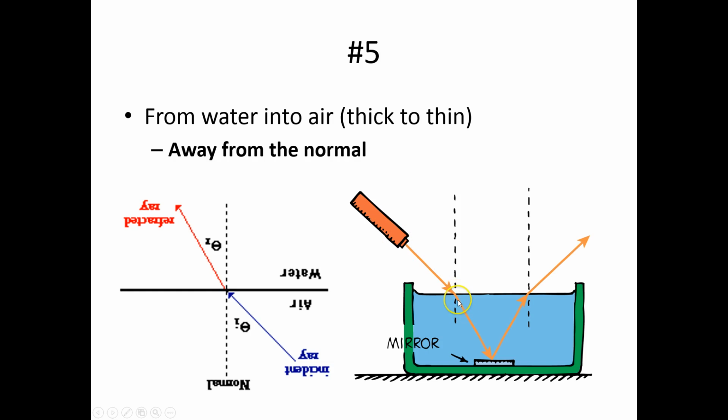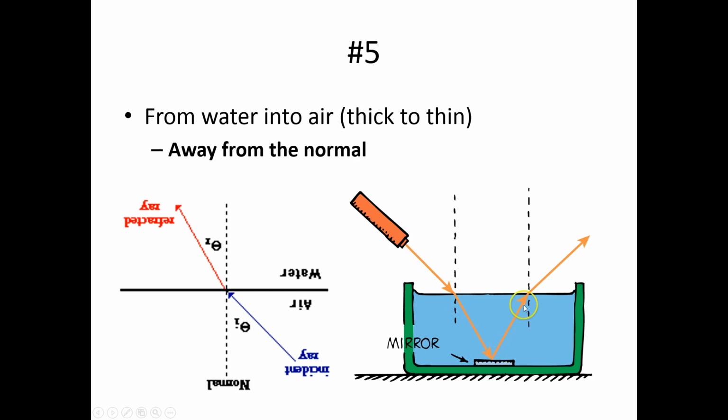It gets bent toward the normal when it goes from an index of refraction, so we know that the index of refraction for air is about 1, to a bigger index, and water is probably about 1.3. So you'll see that it bends toward the normal. It makes this angle smaller. This angle is big, and then it bends toward the normal.